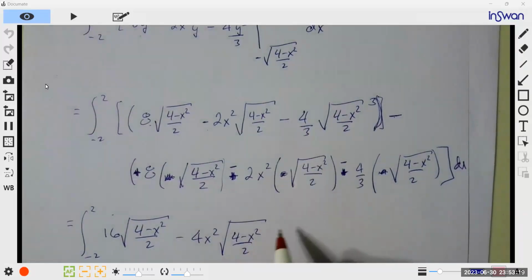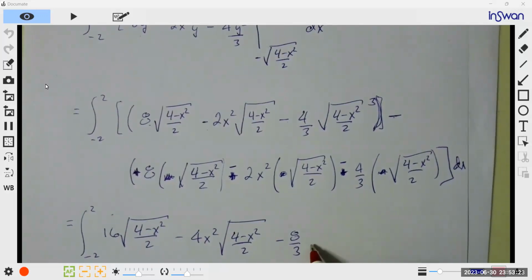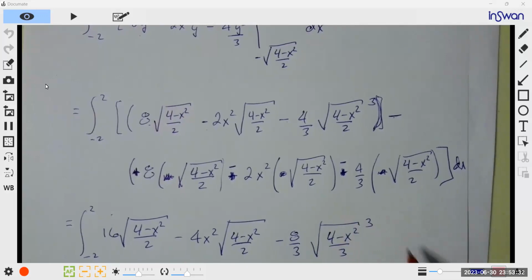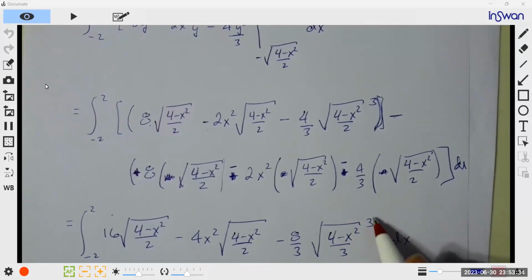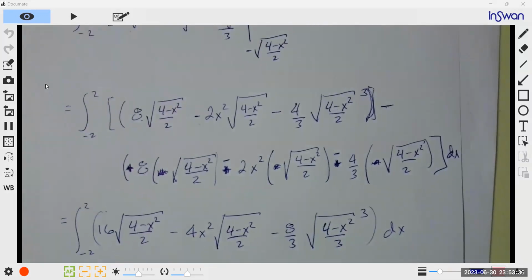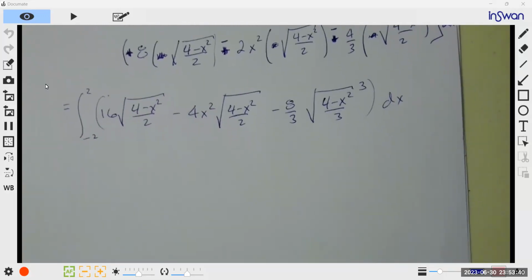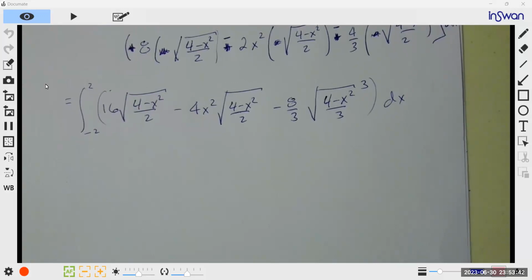Minus 4/3 is minus 8/3. Radical 4 minus x squared over 3 cubed dx. Okay.